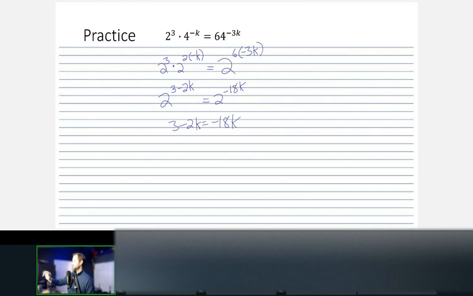But all of you can do this just fine. So I'm going to move everything to the left side to make my case positive, but we could have just moved that negative 2k to the right and then divided by negative 16, I think. So I get 16k on the left, and then I'm going to subtract 3 both sides. And then I divide by 16. And that is simplified. Can't reduce it any further.